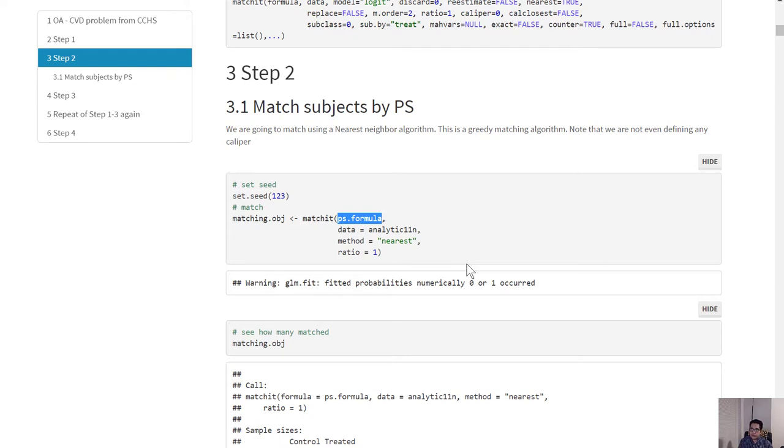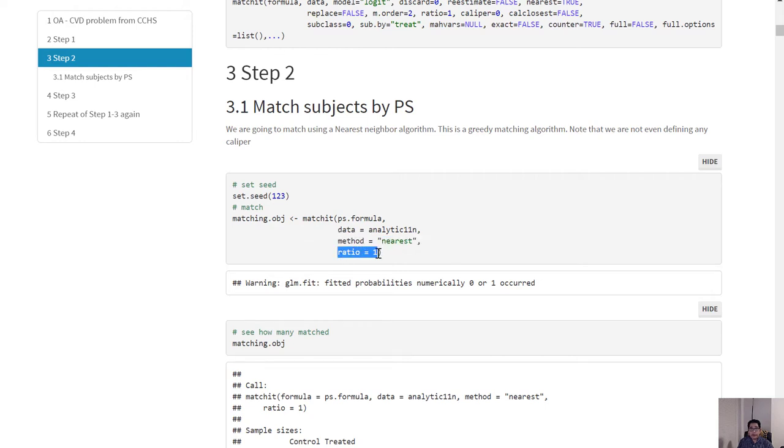So now I'm in step 2, and I am telling this function to use the propensity score formula that I have defined, use the data file, not the design file. And I am also defining my method as the nearest neighbor method, and I am defining the ratio as 1.